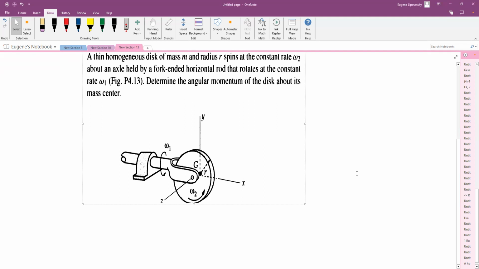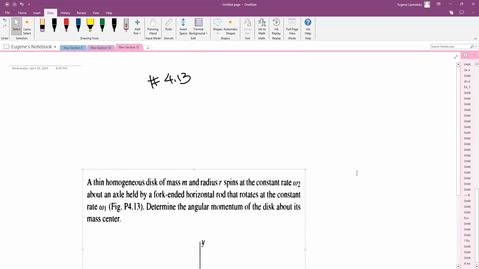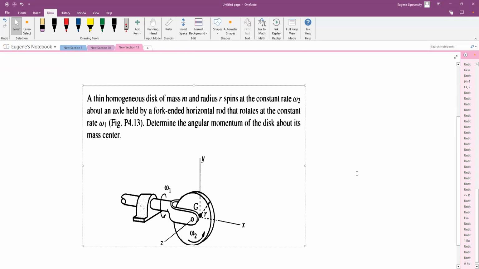All right. You guys see it? That's problem number 413. A thin homogeneous disk of mass M and radius R spins at a constant rate omega 2 about an axle held by a fork-ended horizontal rod that rotates at a constant rate omega 1.